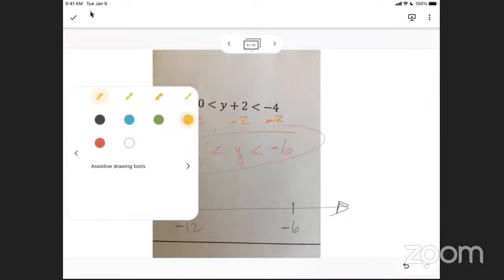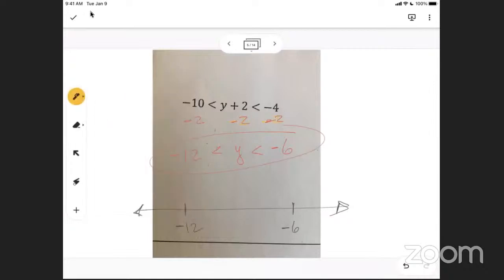If they asked you to graph it, in this case you would put an open circle here, an open circle here, and draw in between them. That's called an and inequality. It's y is greater than negative 12 and less than negative 6.